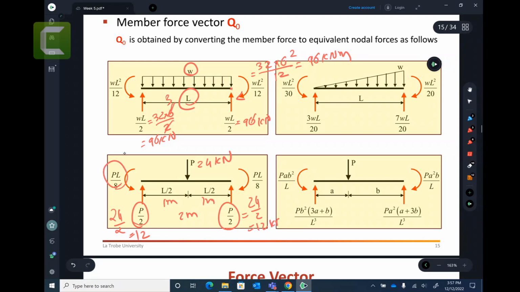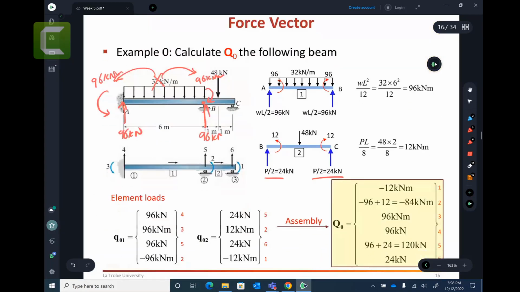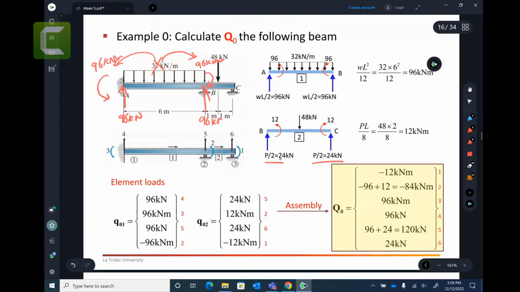PL over 8, 24 times 2 over 8, cancels to 6 kilonewton meters, and similarly 6 kilonewton meters.